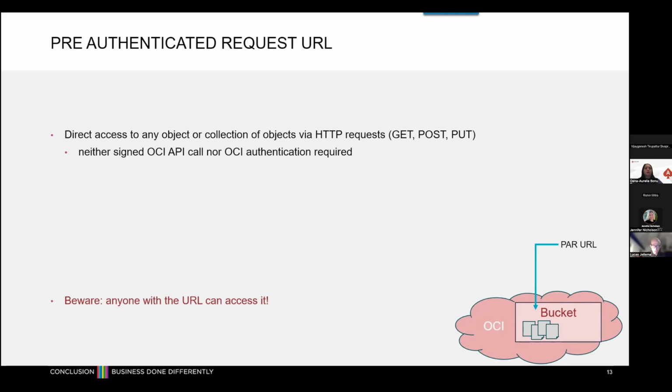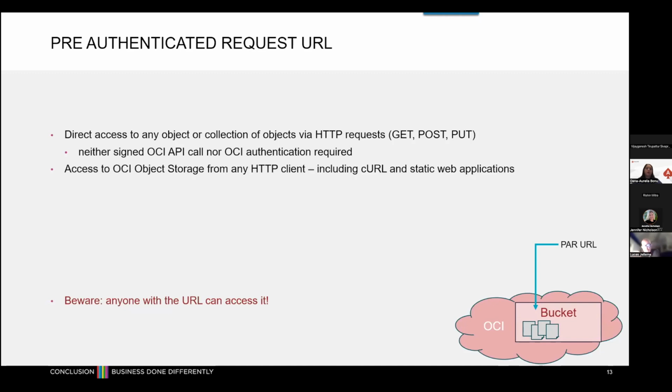You don't need to make specifically signed OCI API calls as you normally would if you want to access anything on OCI. If you have the URL, you can do plain HTTP requests, perform get, post, and put, and directly go to the objects on the object storage. So beware, anyone with the URL can access it, which can be a blessing, which can make life very easy, but is also a danger. Don't leak the URL.